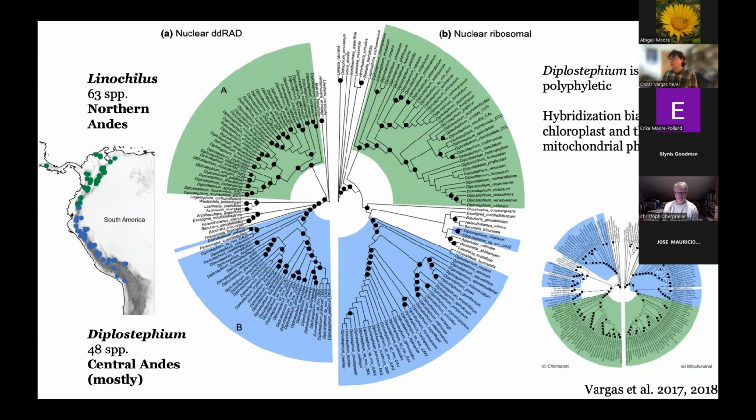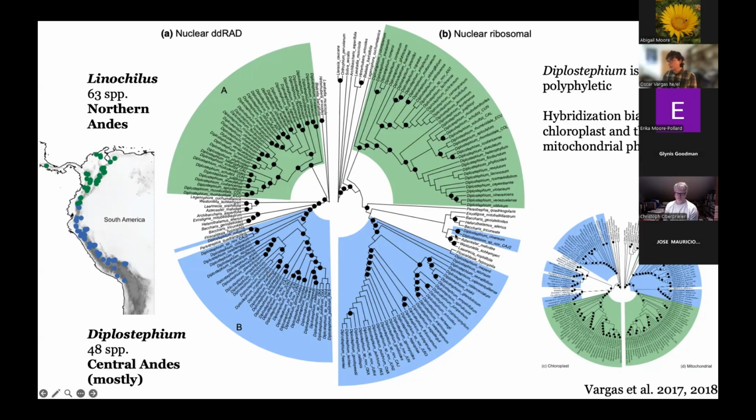So you might be wondering, speaking of those two trees, what's happening with Parastrepia that is embedded there in one of the phylogenies, in the nuclear ddRAD, and in the nuclear ribosomal phylogeny, we see that there are two species of Diplostephium that are out of Diplostephium. Well, it turns out that there is a lot of hybridization in Diplostephium, specifically in clade B. And I'm going to show you a test that I did for this, but basically, hybridization is also what is biasing the position of certain species here.